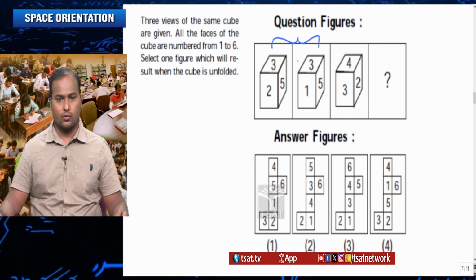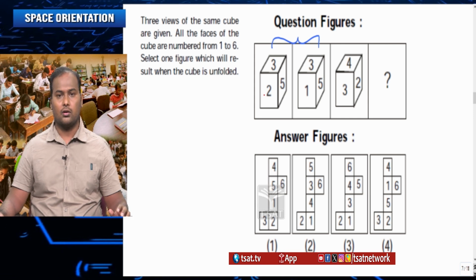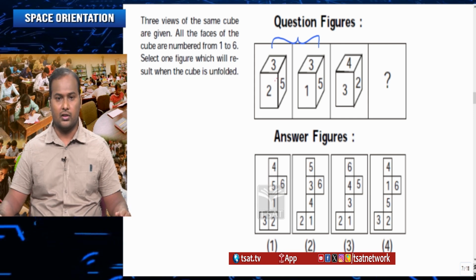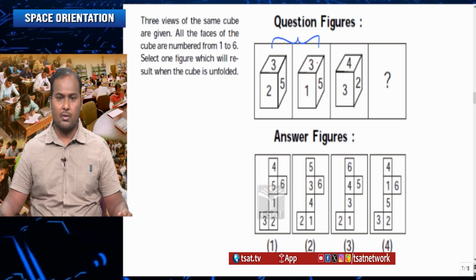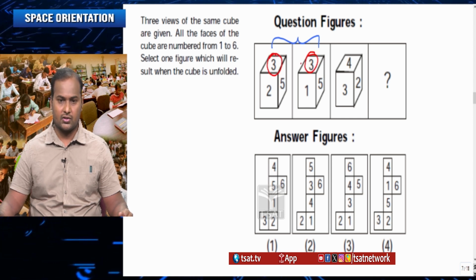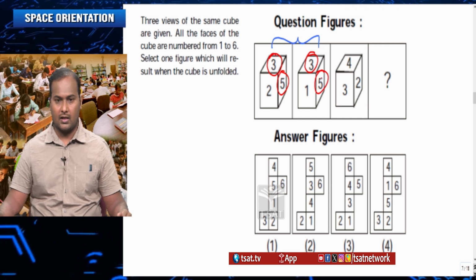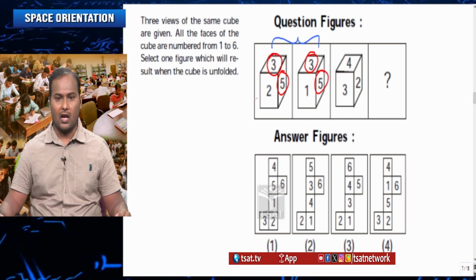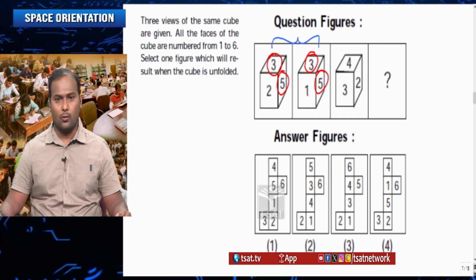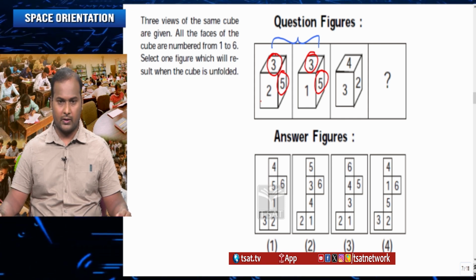Once I have selected these first 2 cubes, the second step is to find the common face present between these 2 cubes. What is the common face between these 2 cubes? We know 3 is here, 3 is here, 5 is here, and also 5 is on the other face. And what is remaining? I have only 2 and 1. So the remaining faces will become opposite. That is very important.